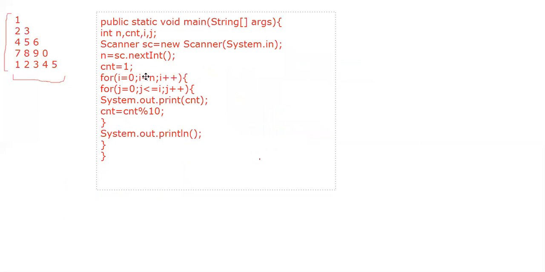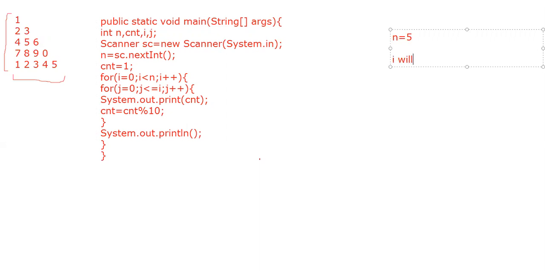This is the code. Now let us consider some examples. Let us consider n equal to 5, the example given here. If n is equal to 5, then i will run from 0 to 4, correct? Yes, because i equal to 0 and i less than n.